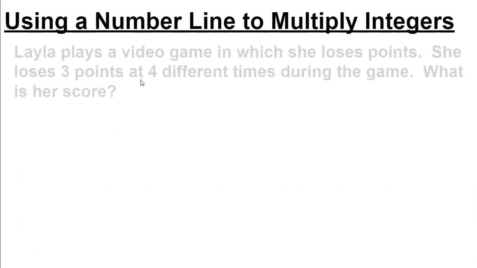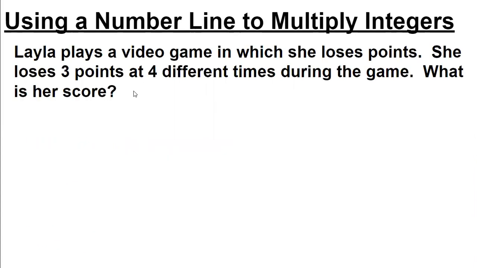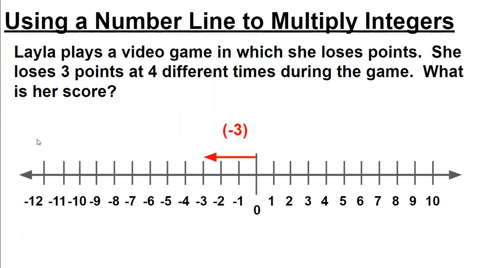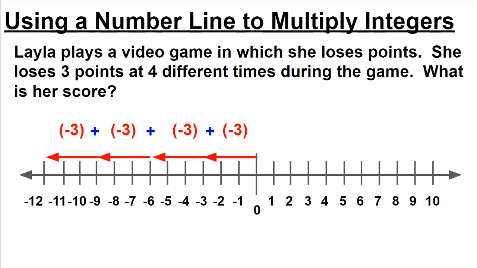Okay, let's do another one. Layla plays a video game in which she loses points. She loses 3 points at 4 different times during the game. What is her score? There's our number line. She loses 3 points the first time, plus she loses 3 points the second time, plus she loses 3 points the third time, plus she loses 3 points the fourth time.